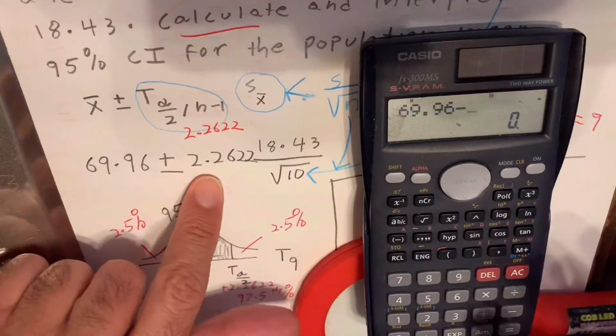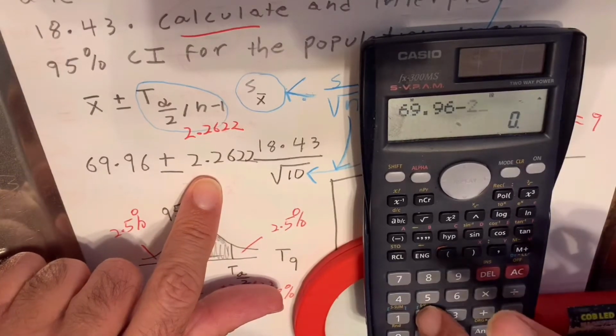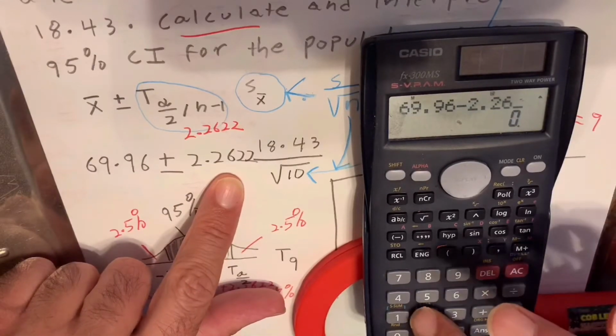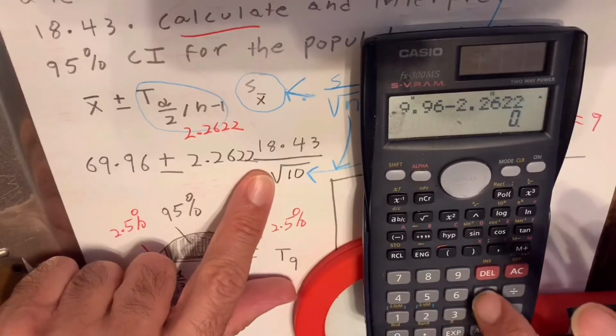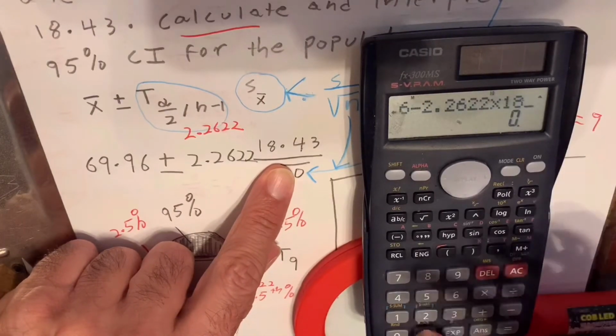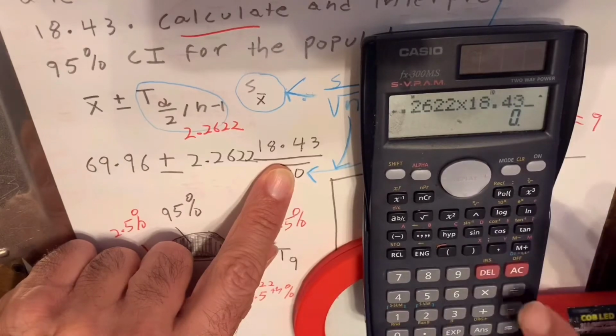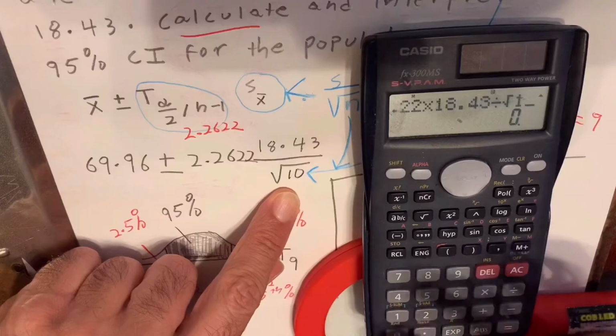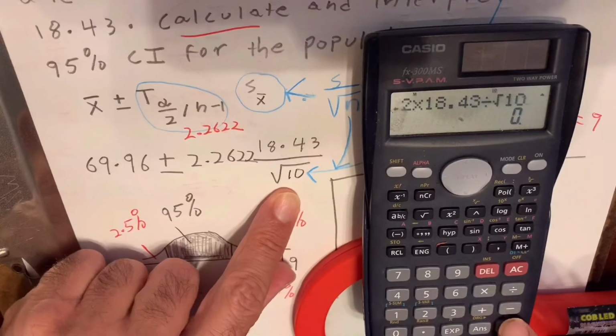So I'm going to subtract 2.2622, and I'm going to hit the times button, and then 18.43, and then the divided by button, and then the square root button, and then the 10, and then I'm just going to hit equals.